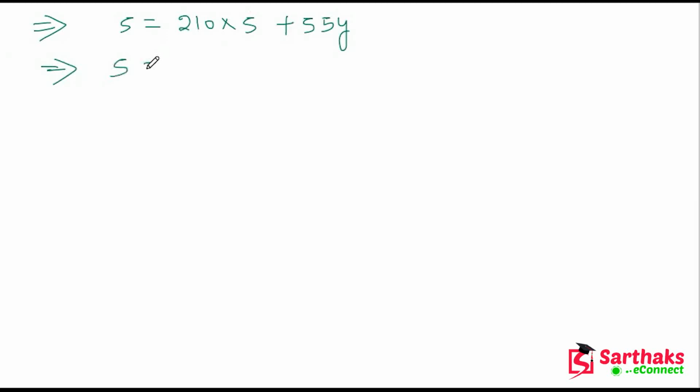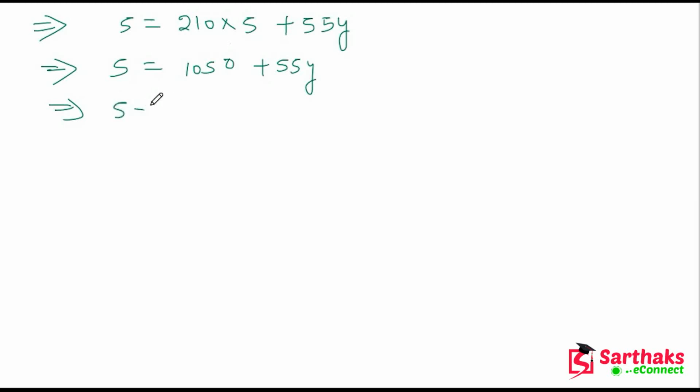So 5 is equal to, if we multiply this, we get 1050 plus 55y. Okay, so we shift the value of 1050 to the LHS.